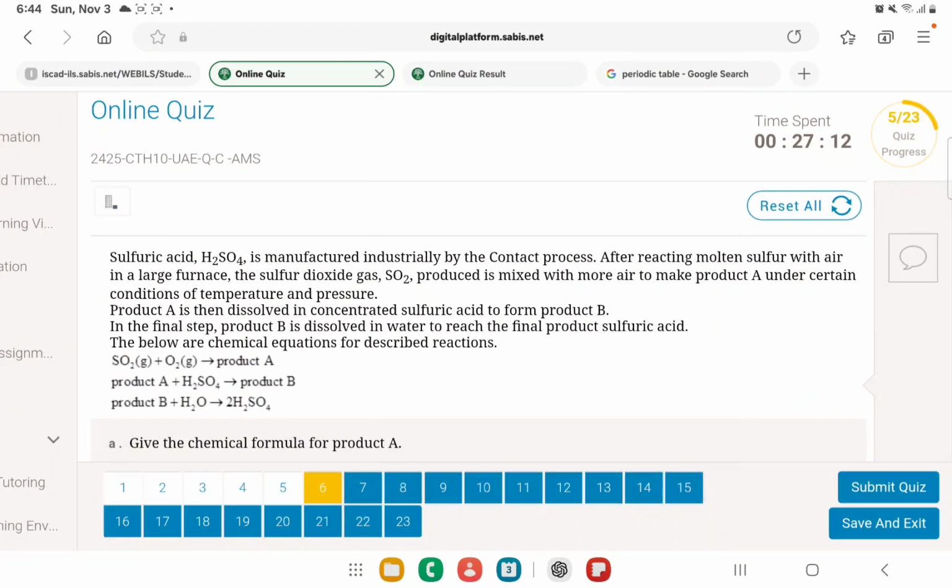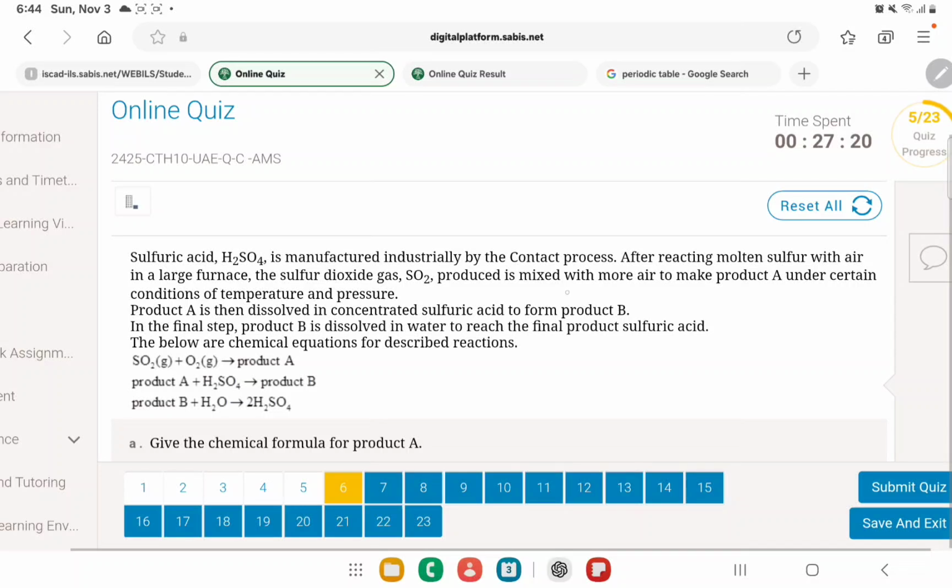Sulfuric acid is manufactured industrially by the contact process. After reacting molten sulfur with air in a large furnace, the sulfur dioxide SO2 produced is mixed with more air to produce A under certain conditions of temperature and pressure.